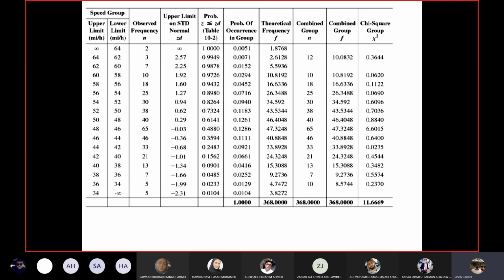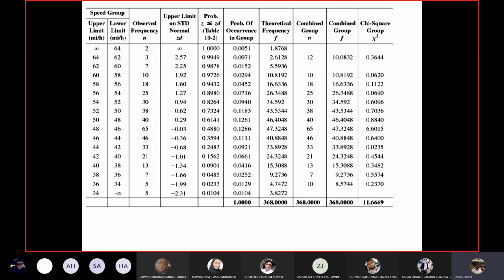It is going up to infinity, right? 64 to infinity. So I don't need any groups over 64. And same thing with the last group as well, 34 to minus infinity. So any value below 34 is already included in this minus infinity. So these are the 3 arrangements.